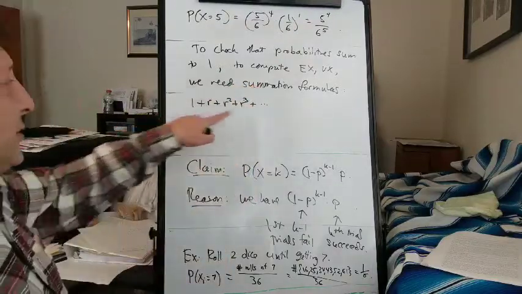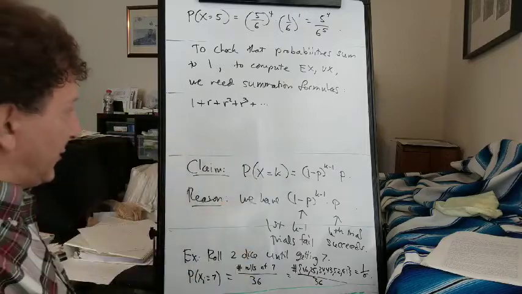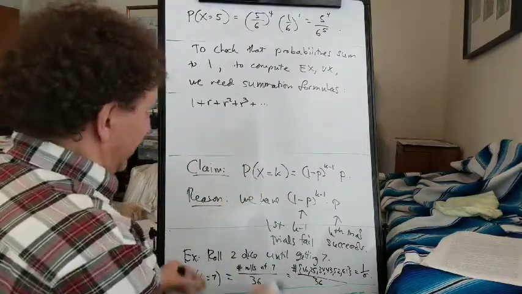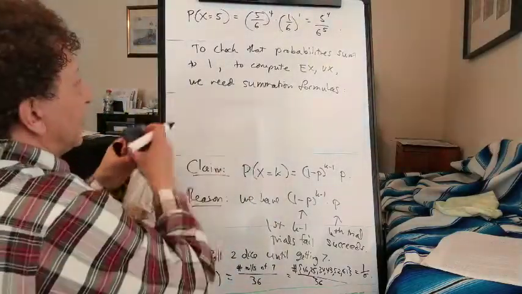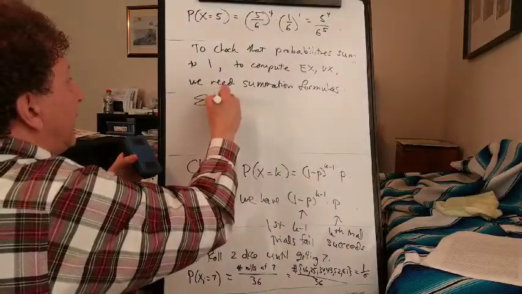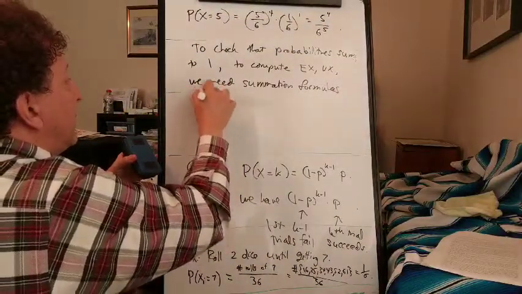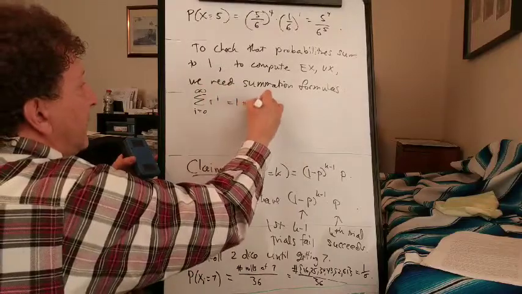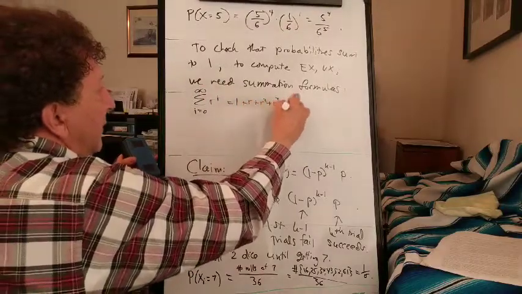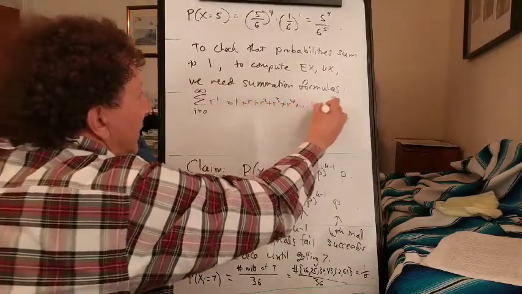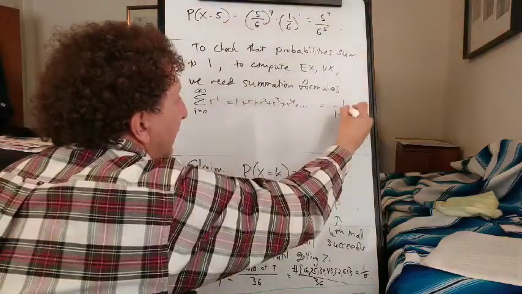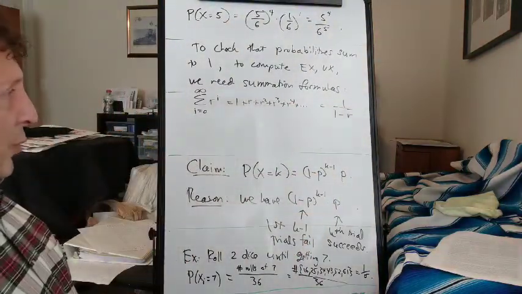If we add up all the powers of r from the 0th power going to infinity, maybe I'll write this in summation notation also, that's 1 over 1 minus r.